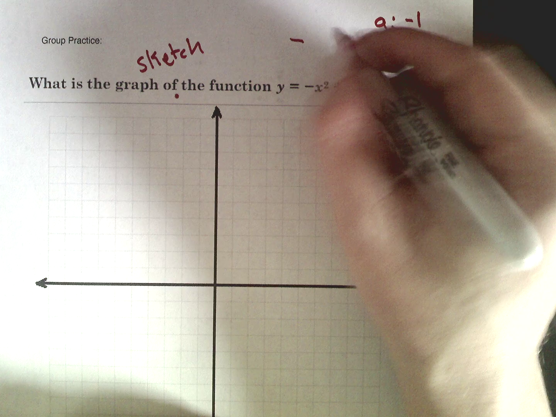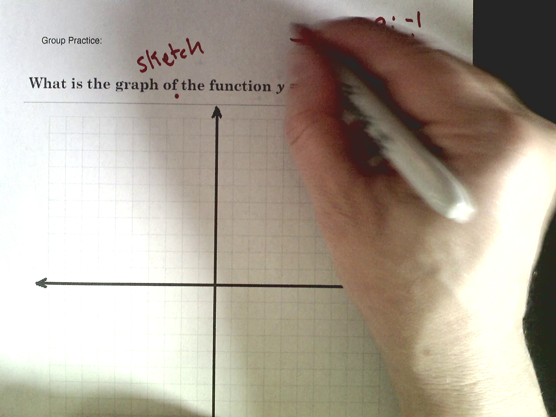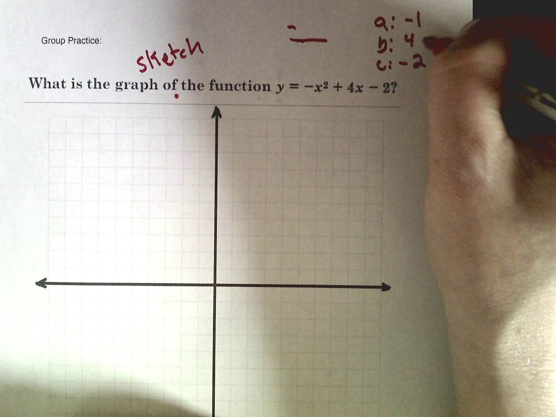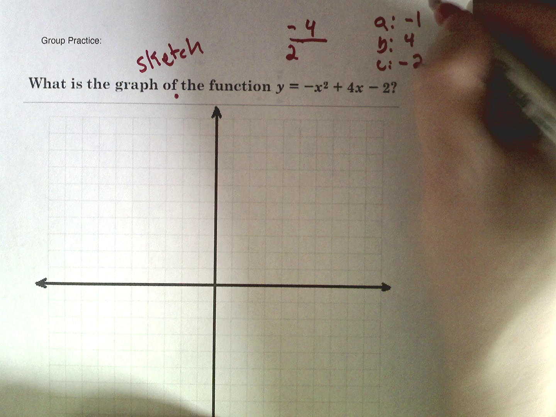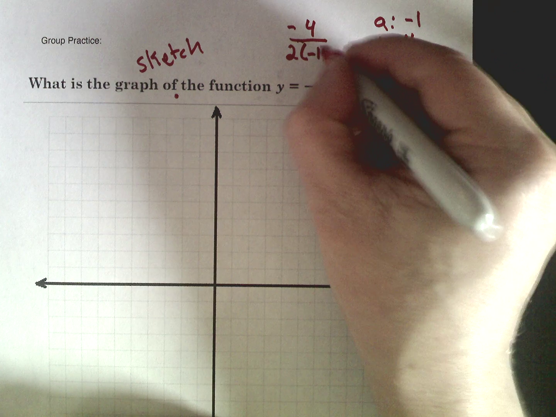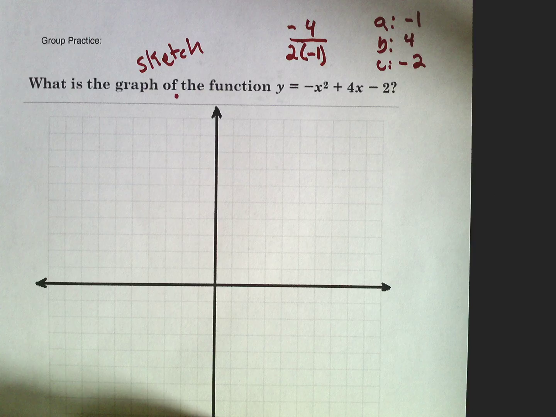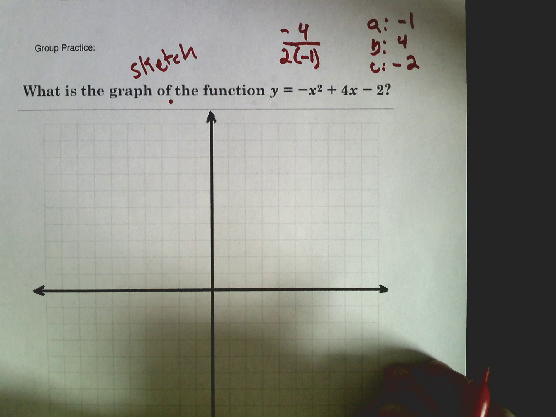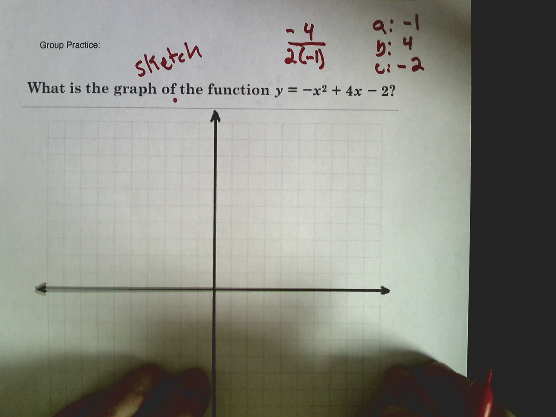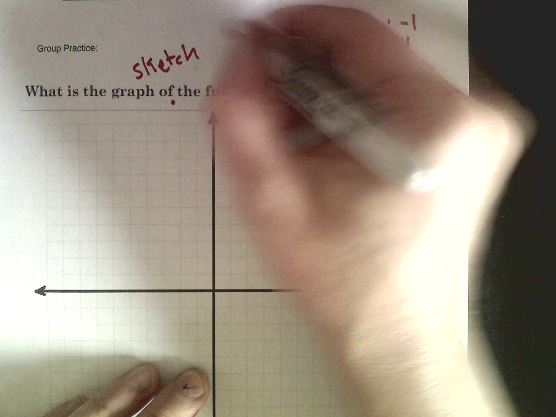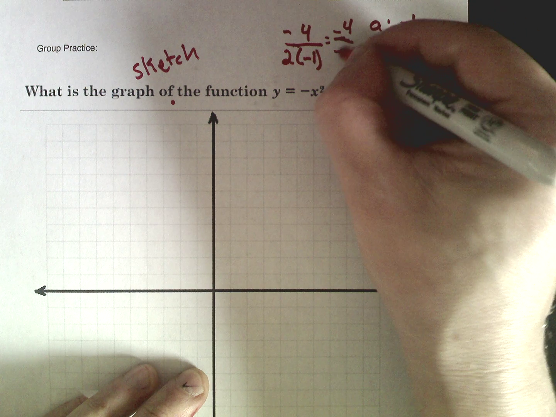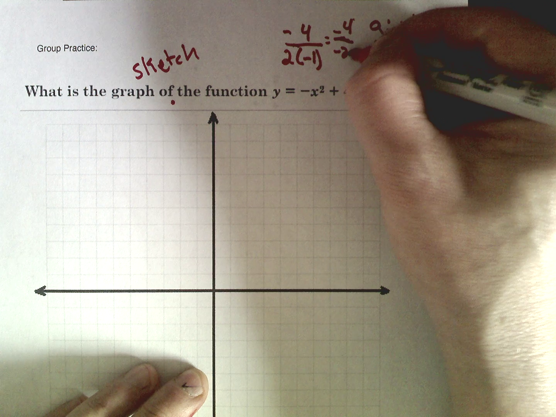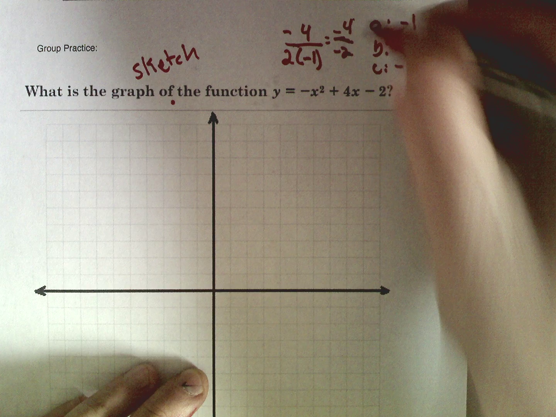Now, all I need is negative b, negative 4, over 2 times a. We forget all about that c. That c doesn't mean anything. So my number is negative 4 over negative 2. If I put this in my calculator, negative 4 divided by negative 2 is positive 2.